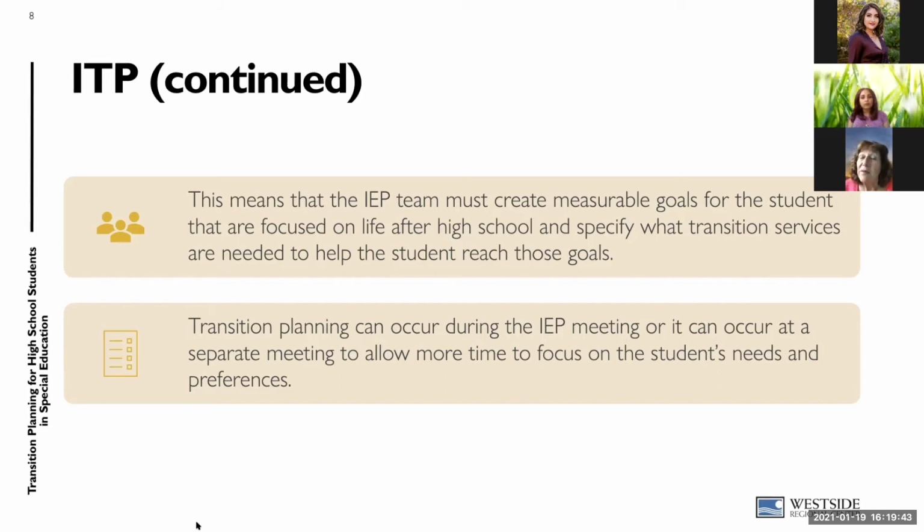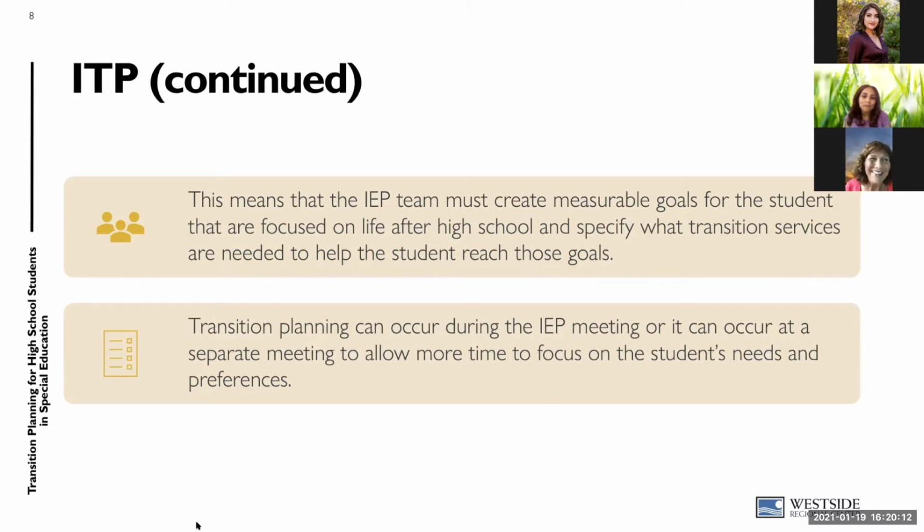So sometimes you get the IEP piece together and then you meet and do the ITP, the individual transition plan, at a different time. Or if you're really well organized and prepared, you can do it all together. But I know I'm a parent and I know that sometimes, after a 4-hour meeting, my brain just sort of shuts off. So that might be true for you as well.